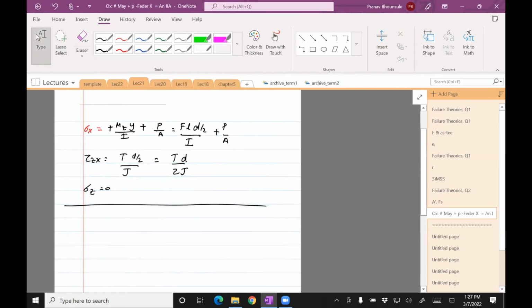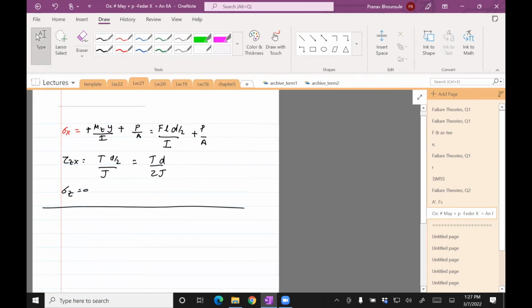Okay, now we want to sub in whatever we know about these, whatever we have in terms of forces. So let's sub in those values. What I have here is P is 9 kilonewtons, so 9,000. Mz is, well, F times L. F is 1.75 kilonewtons, so 1750 newtons.